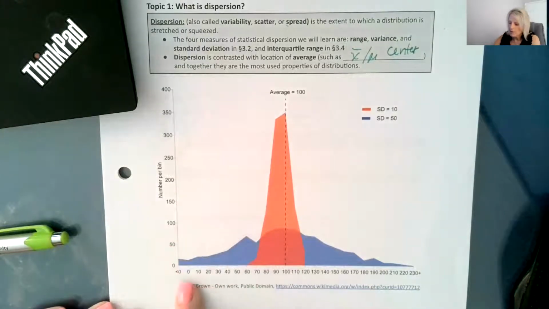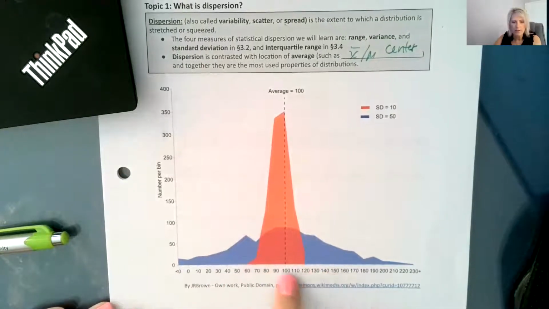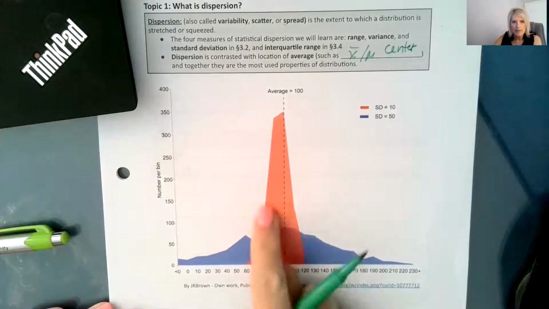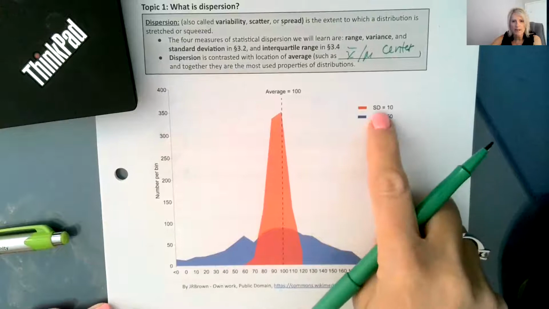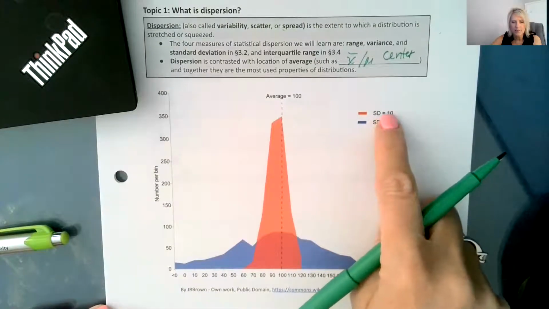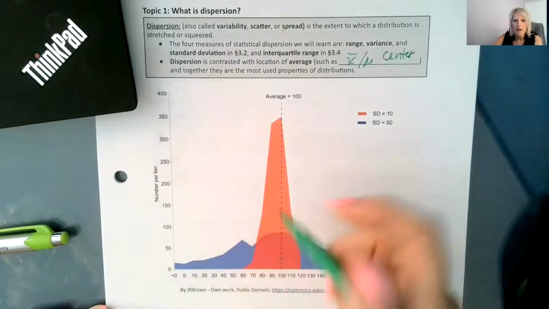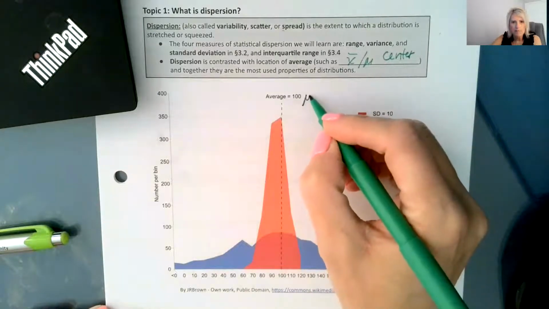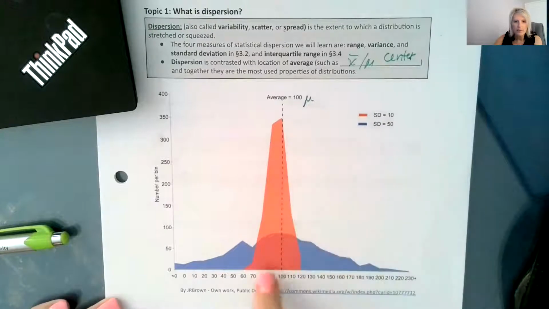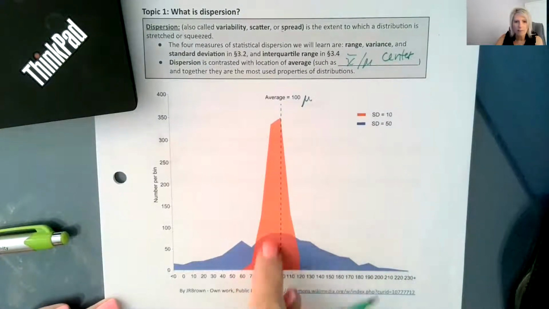And they're in different bins, just like our histogram. And you can see that this group here has what we're going to reference as the standard deviation. This SD is 10. It's very small. Where the mean is centered at 100, you can see that the red data set is all very centered and piled up high.